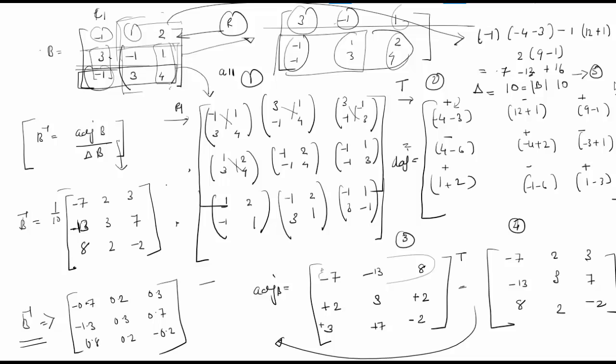So if I say this is my 6th step, this is how in 6 steps it's possible to find the inverse of a 3 cross 3 matrix.